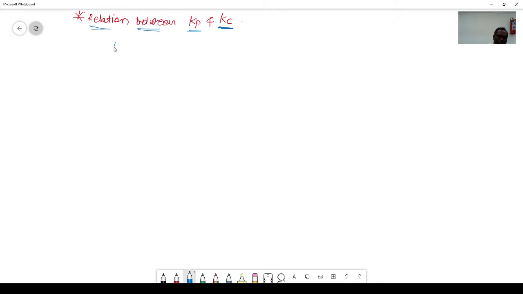We always take the famous reaction: a number of A gaseous molecules plus b number of B gaseous molecules, again an equilibrium reaction, forming c number of C gas molecules plus d number of D gas molecules.